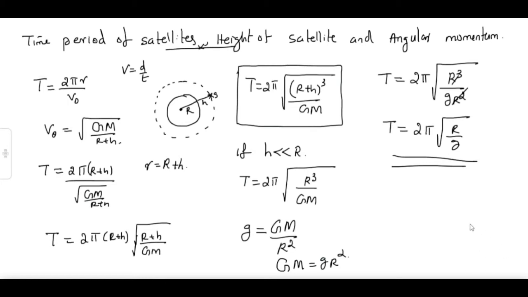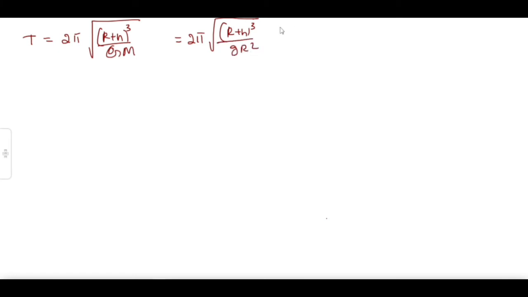So let's discuss the height of the satellite. Time period T is equal to 2 pi root of (R plus h) the whole cube divided by G into M. GM also can be written as gR square. So now we can write here time period T is equal to, do one thing, you square on both sides.